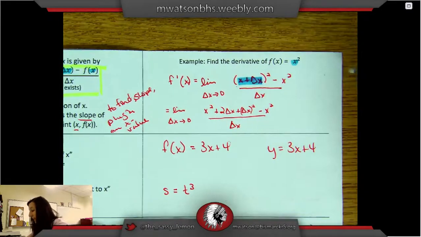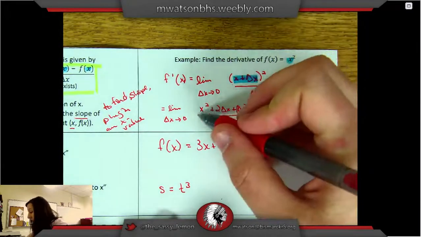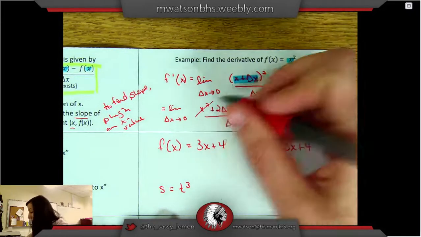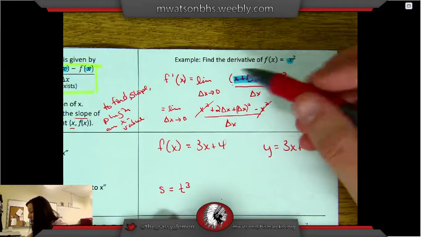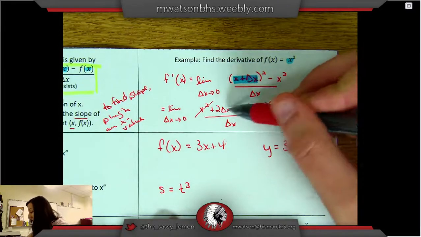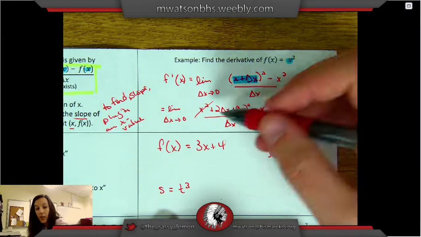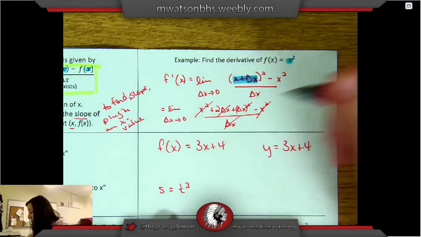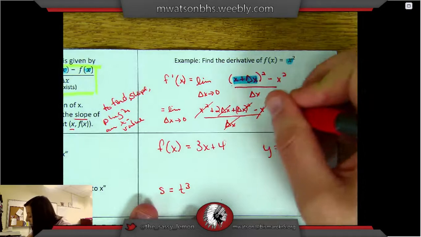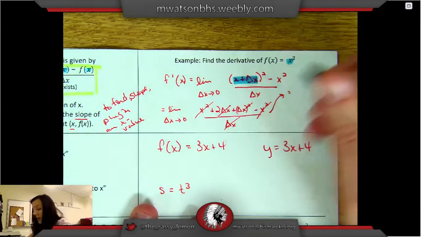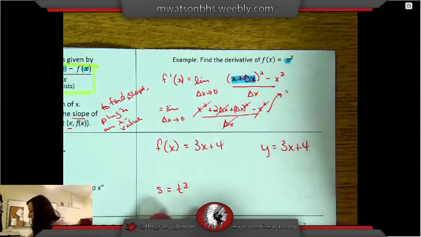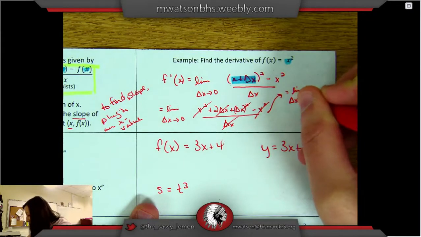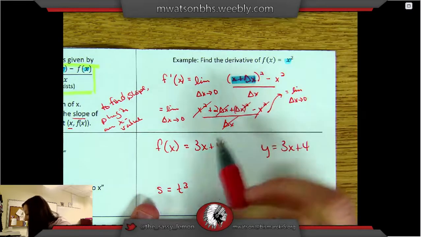There's some condensing that can be done, so we notice there's an x squared and a negative x squared. We can cancel those. And then we also see that every term here has a delta x on top and bottom, so we can cancel those. One here, one below, and we end up with the limit as delta x approaches 0 of, and what's left on top?